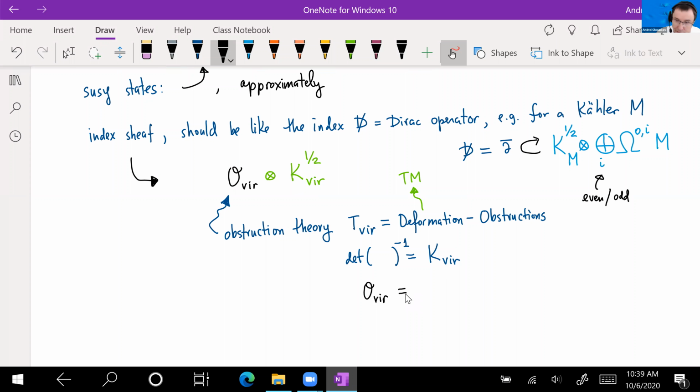Well, if my deformation space is smooth and the obstruction is an actual bundle, then O virtual is kind of O of the deformation space, tensored with the alternating sum of exterior powers, so the Koszul complex for the obstructions, being obstructions dual.